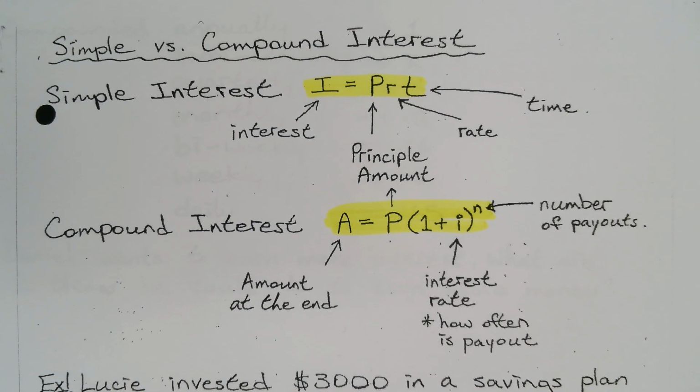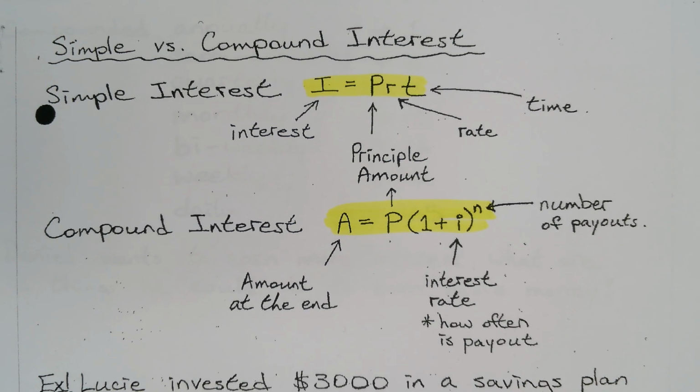Okay. One is simple interest, one is compound interest. Which one do you think banks offer? Okay, who says simple interest? Who says compound interest? Yes, so compound interest. Why do banks offer compound interest?